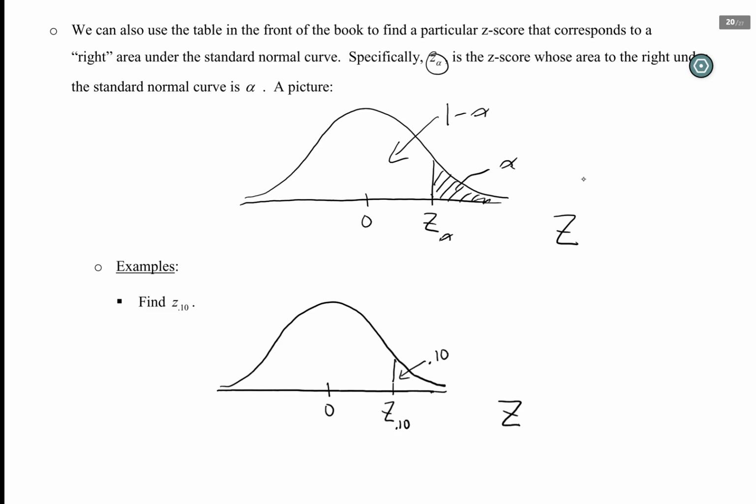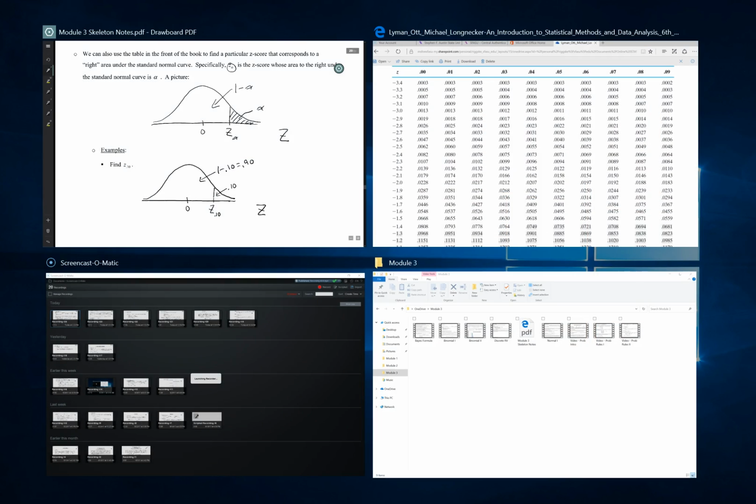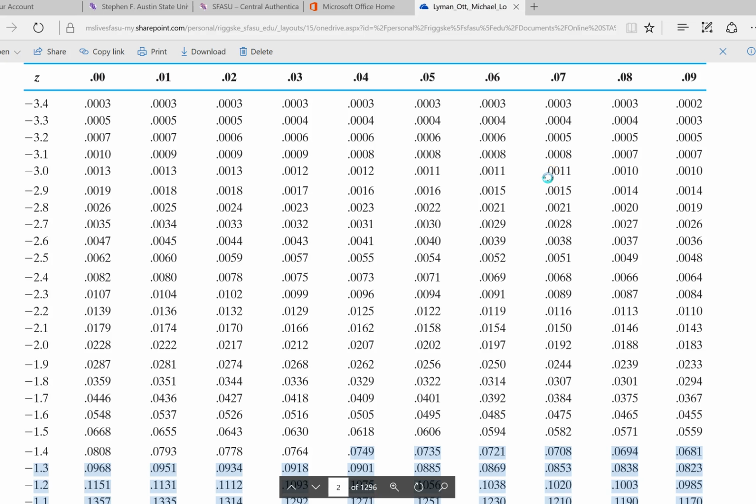I want to find a z-score that gives me a right area of 0.10, or equivalently a left area of 0.90. So if I go to the table here, I don't choose a z-score first.